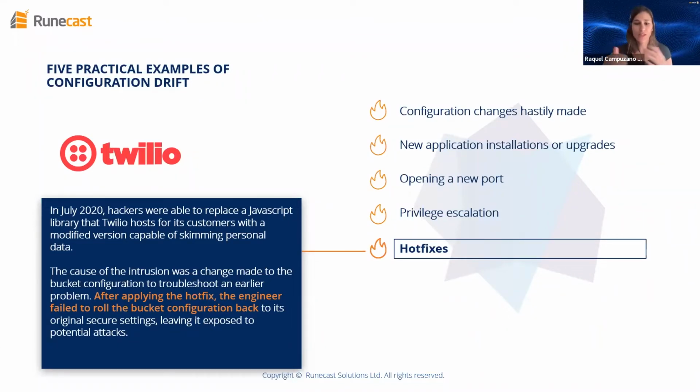They made some changes there and forgot to revert the bucket to the original state. What happened? Some months later, they found that attackers could enter that bucket and compromise a lot of data from their customers.